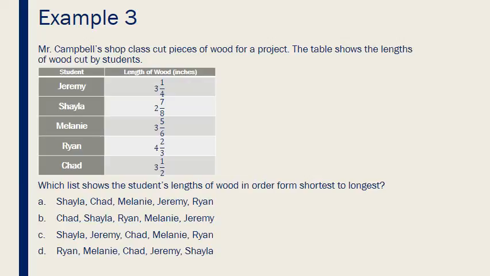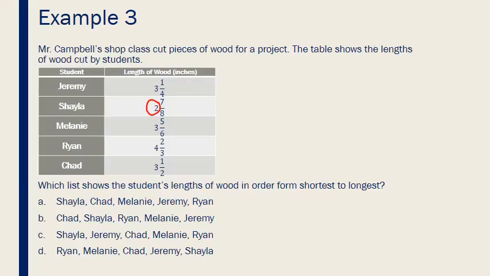Who has the shortest length? Elizabeth. Who has the shortest length? You say Shayla. Why do you say that? Because it's the only length with a whole number of 2. Good job. Now 2 is the shortest whole number there, and that's Shayla.